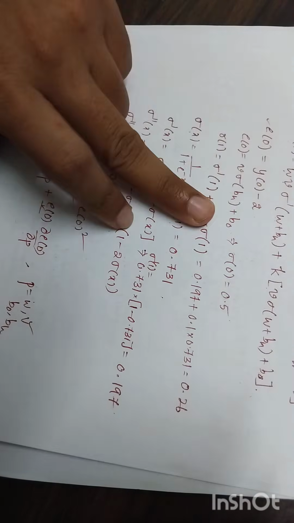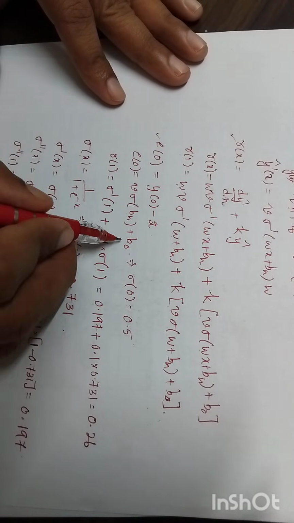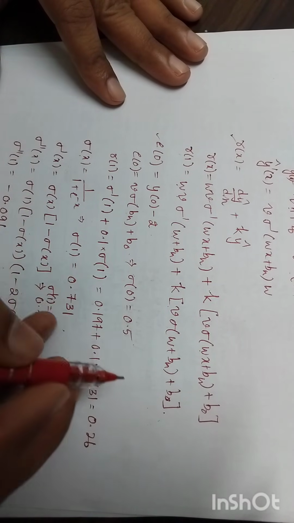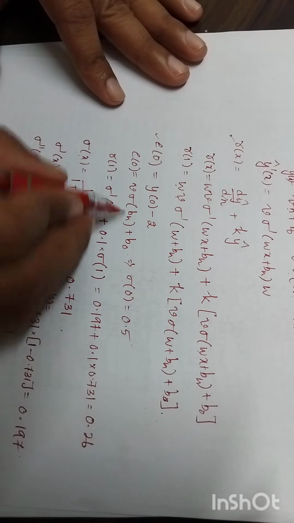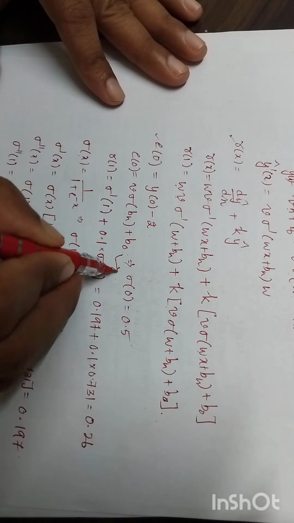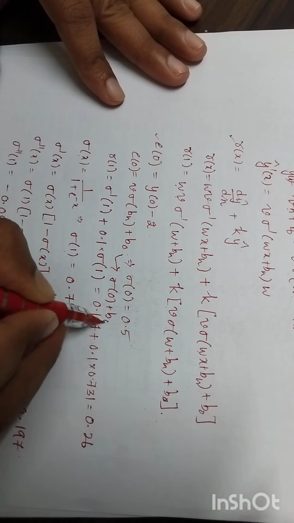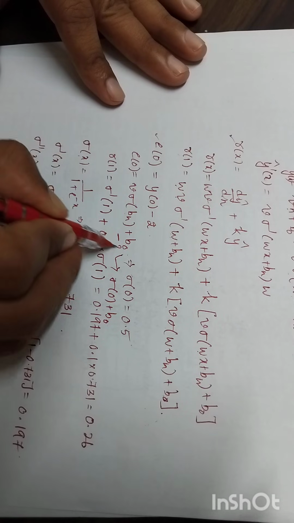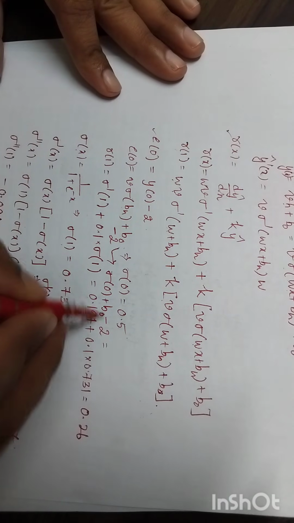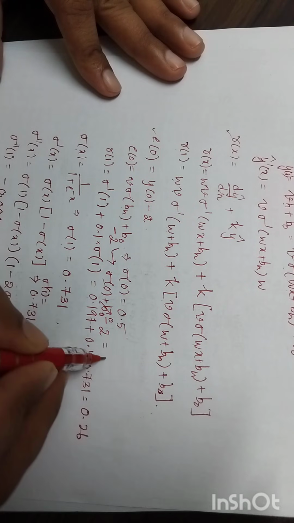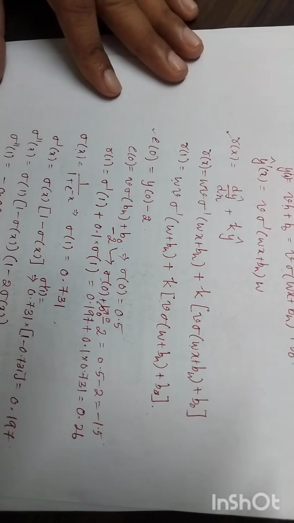E0 would be V into sigma of 0 plus B0 minus 2, right? B0 is 0, sigma of 0 is 0.5, minus 2, which would be minus 1.5.